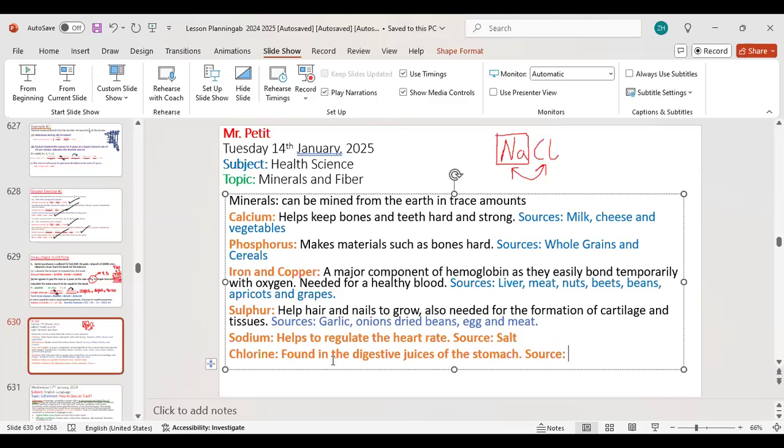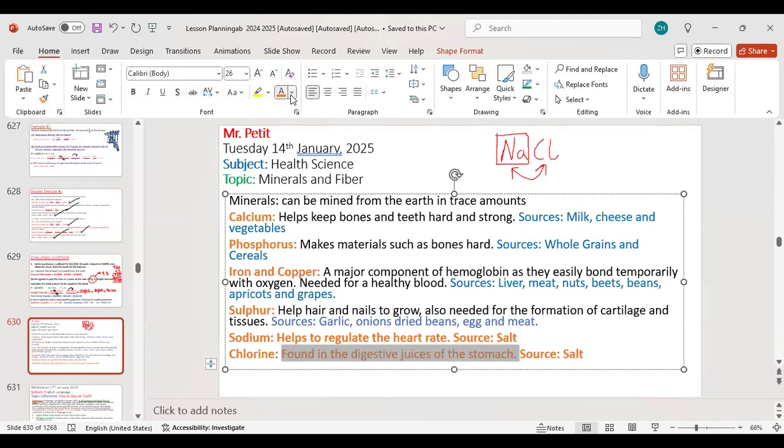Yes, good question. But when we combine them together, that's when we get sodium chloride, and that's a compound. So an element and an element, bring them together, you form a compound.